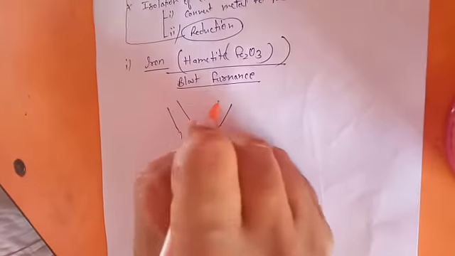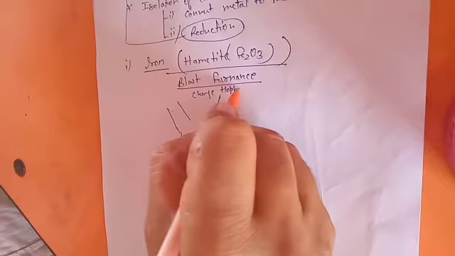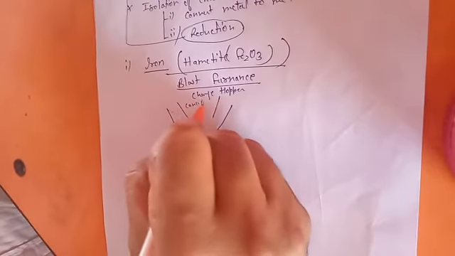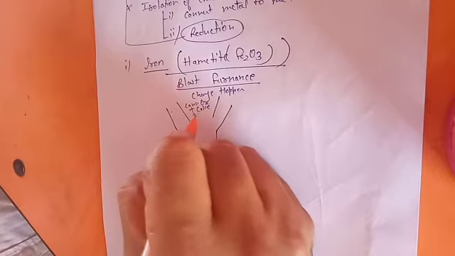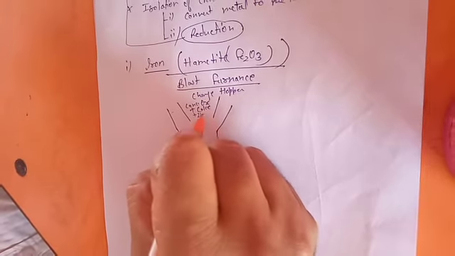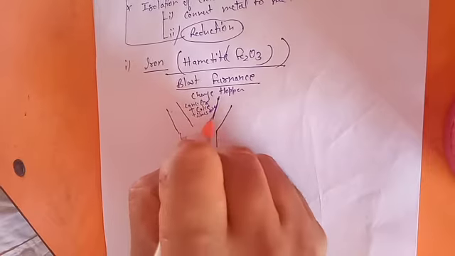Here is the charge hopper. The charge hopper contains concentrated ore plus coke plus limestone. I will tell you about the function of the limestone as well.